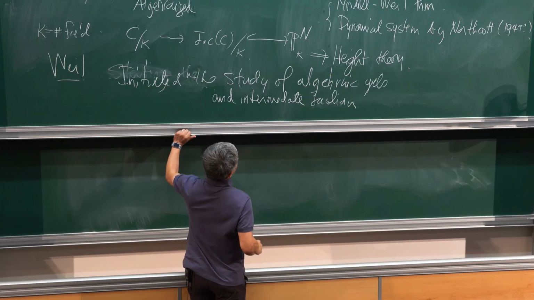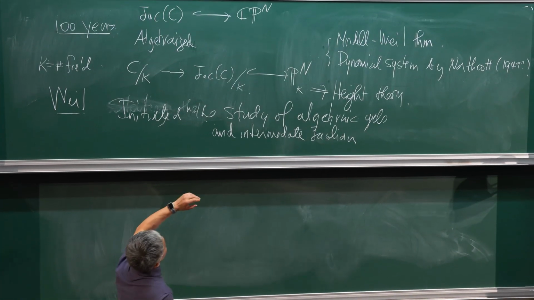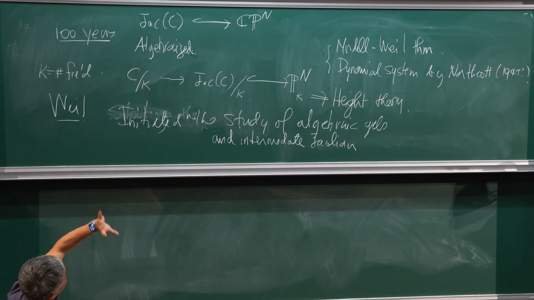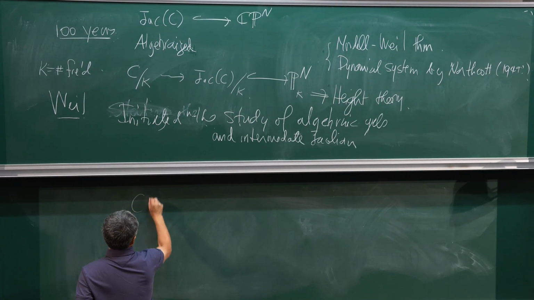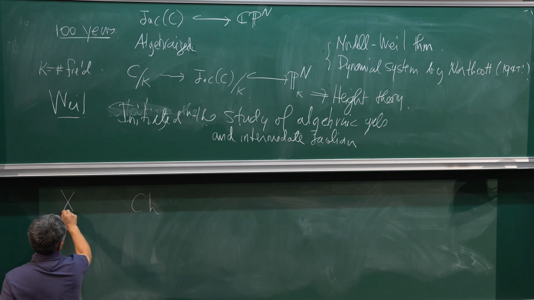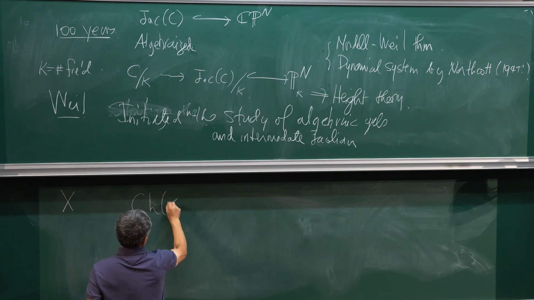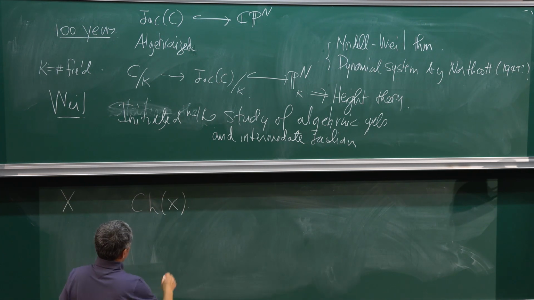So the idea is, you think about Jacobi theory, but for Pic0, you should have something like a Chow group. If you have a variety X, you have a Chow group of X. So this is a Chow group.